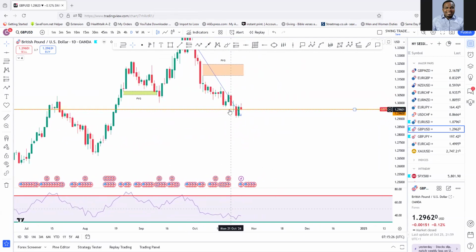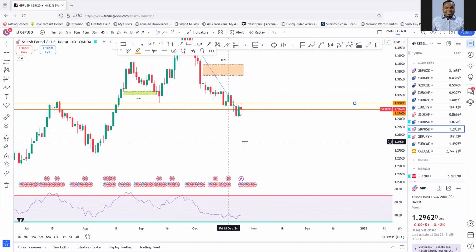We can see that at this level, price is rejecting. We have price close below it and then go up to close above it, which is very close to 130 as well. So 130 is a major psychological level, which is here.